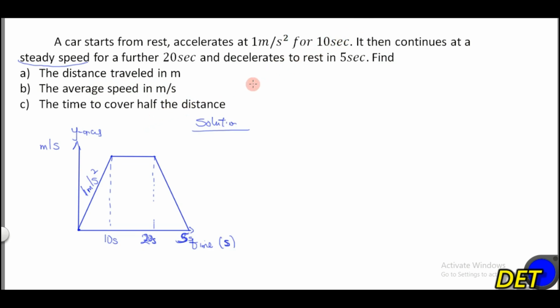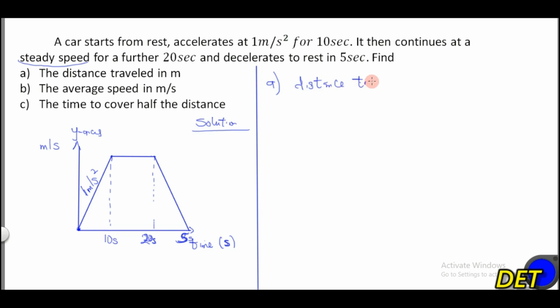The distance here is the total distance that is covered from here to here to here, down to here. That's the distance traveled in meters. So how do we calculate the distance traveled by this car in this motion?